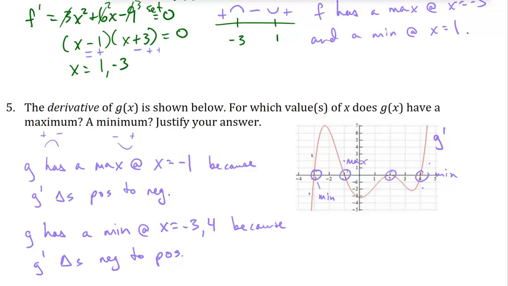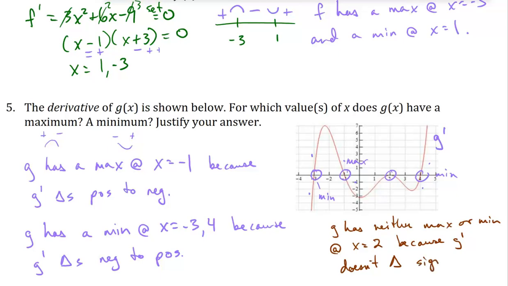If that was the case, we would need to add that G has neither a max or min at x equals 2 because G prime doesn't change signs. Okay, again, this question did not ask for that, but that is a really good example of something that does come up on a free response question.